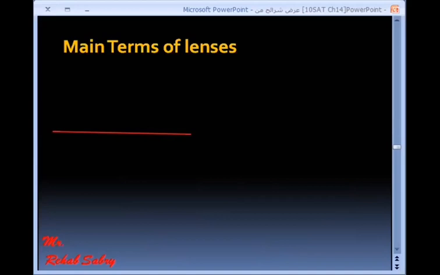Number one, we will make a horizontal line like this, and we will put a vertical dashed line like this.